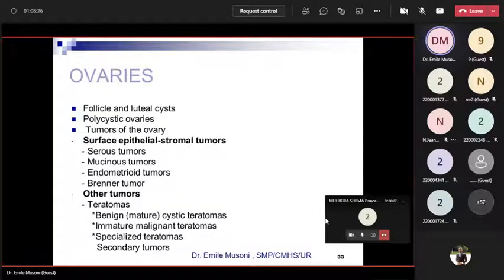Ovary: it has several types of disease, depending on the histology of the ovary. It can be follicle cyst, polycystic ovary, tumors, the surface epithelial stromal tumors like the serous, can be mucinous, can have the teratoma, and specialized teratoma and secondary tumors.